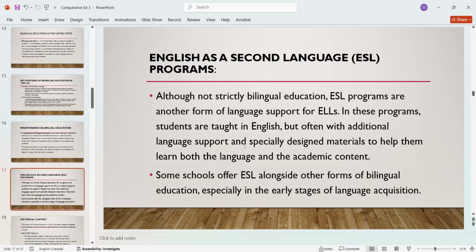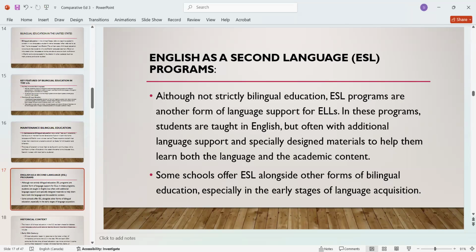In these programs, students are taught in English, but often with additional language support and specially designed materials to help them learn both the language and the academic content. Some schools offer ESL alongside other forms of bilingual education, especially in the early stage of language acquisition.